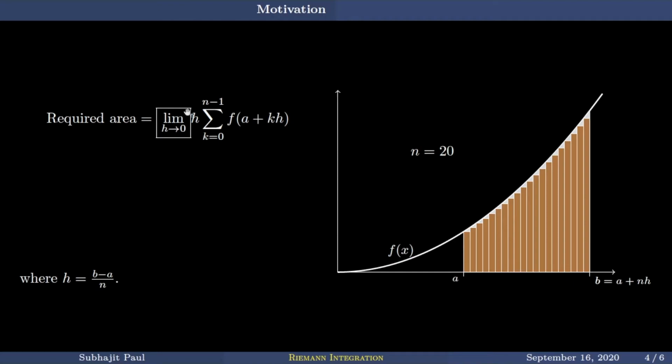It is a matter of common sense that if n increases, this approximated area actually approaches the actual area.